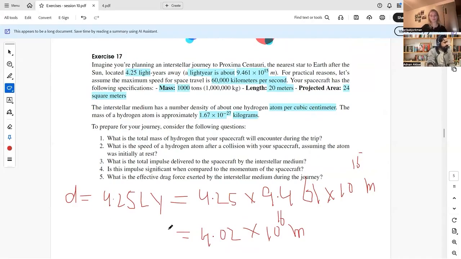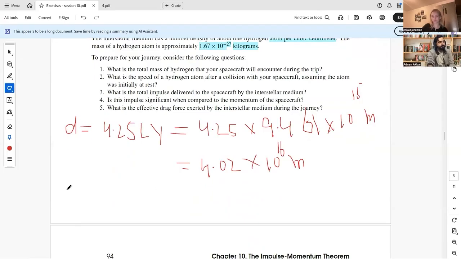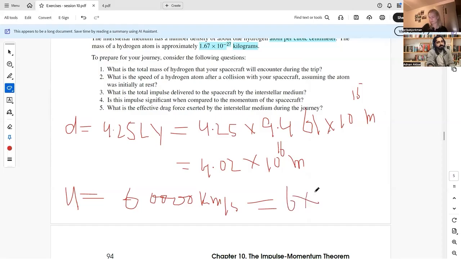Next thing that is given is the ship speed. Speed of this spacecraft, represented by v here, is 60,000 kilometers per second. You can convert it into meters per second just by multiplying by 10^3, then it will become 6 × 10^7 meters per second.